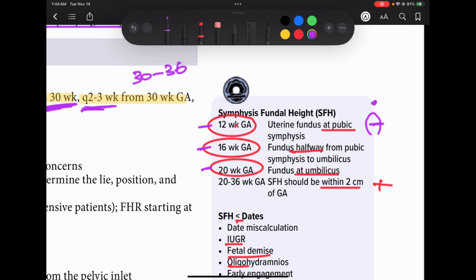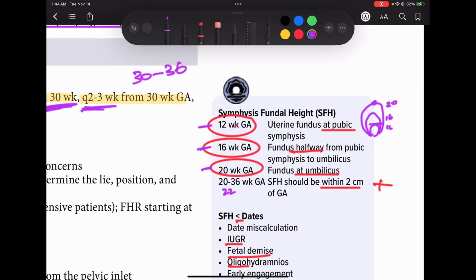At 20 weeks it's right at the umbilicus. So here's the uterus, and this is 12 weeks, this is 16 weeks, and this is 20 weeks. And after 20 weeks the height should be within 2 centimeters of the gestational age.